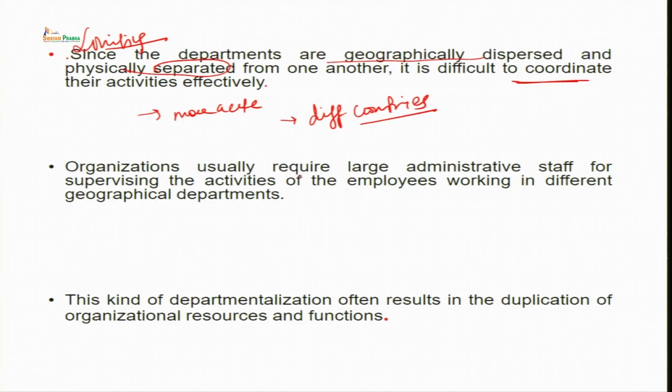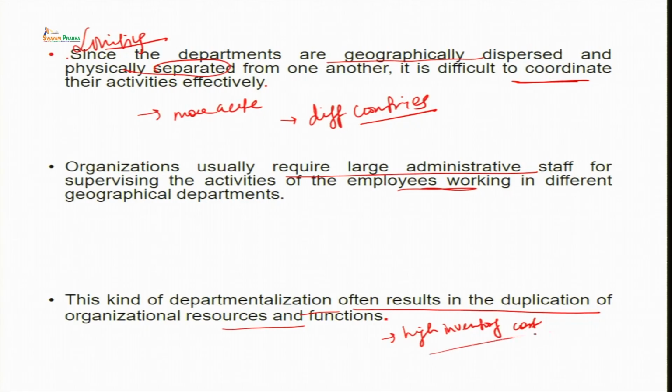So, organizations usually require a large administrative staff for supervising the activities of employees working in different geographical departments, and this kind of departmentalization often results in duplication of organizational resources and functions. For example, high inventory cost we can expect. It is often the outcome of geographic departmentalization.